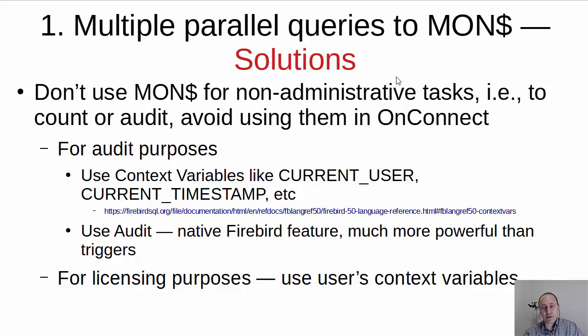If you need real audit, use the native audit based on the Trace API in Firebird. It was designed specifically for it, and it's a really good, lightweight, and nice tool. If you are trying to use monitoring tables to count licenses, it is also possible to use context variables as a solution, or use another approach, not through the monitoring tables.